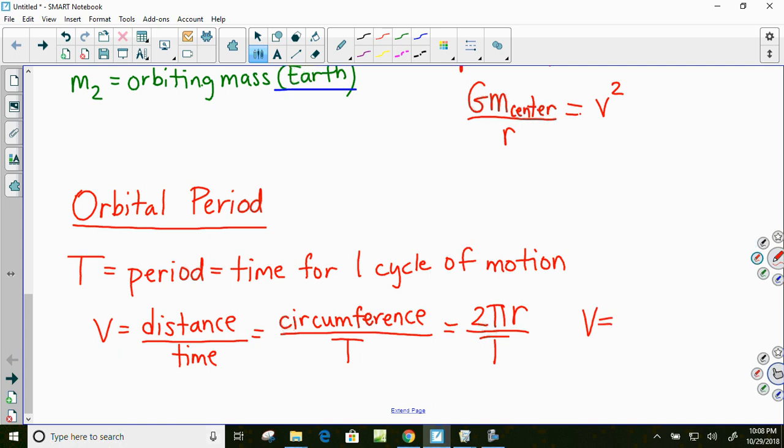So we have that orbital speed is equal to 2 pi r over the orbital period. So that's another way of figuring out orbital velocity.